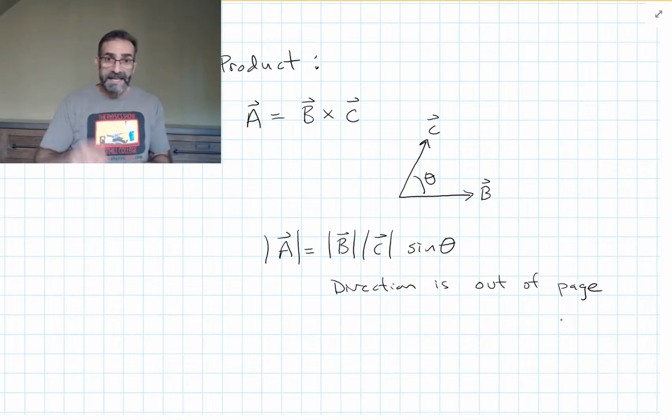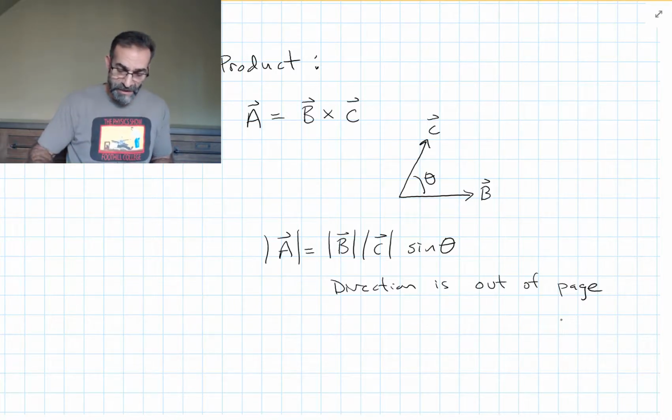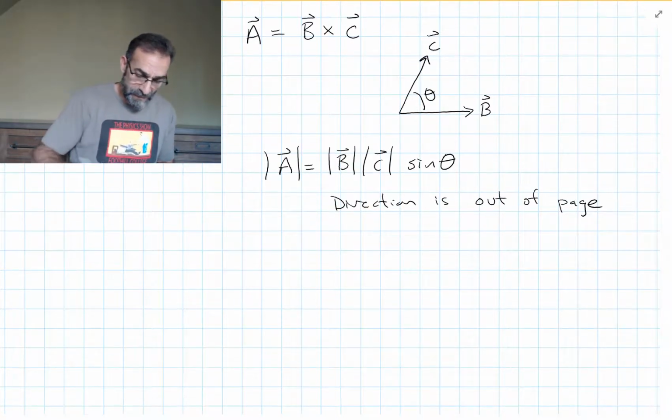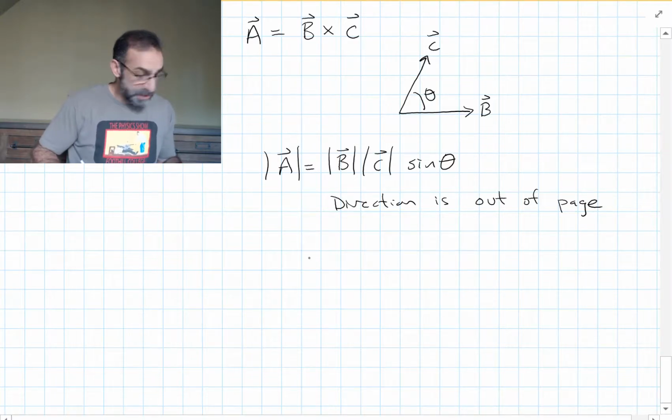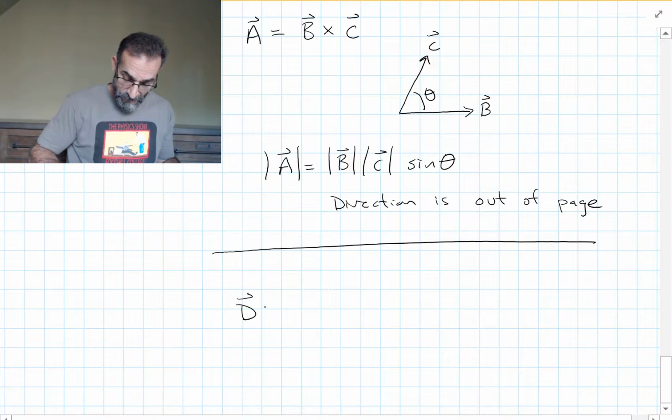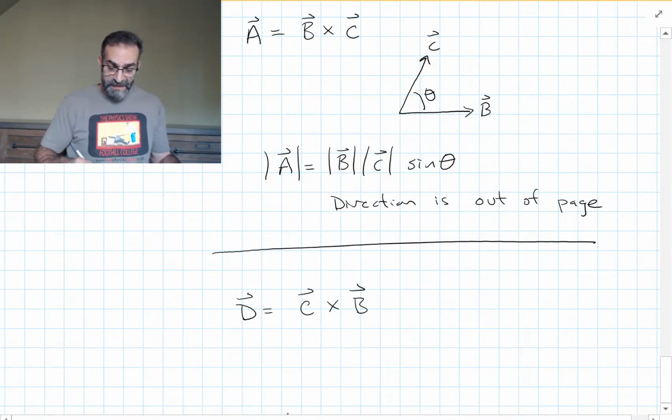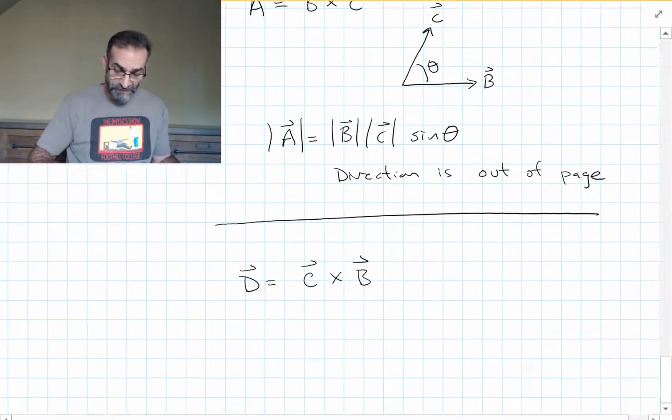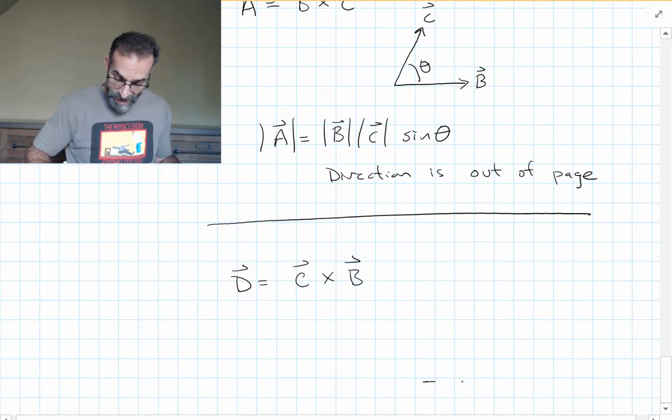What would happen if I flipped the order? What would happen if I came up with another vector? I'll call it D. I did C cross B instead of B cross C. I flipped the order of the two vectors. B is the same. C is the same.